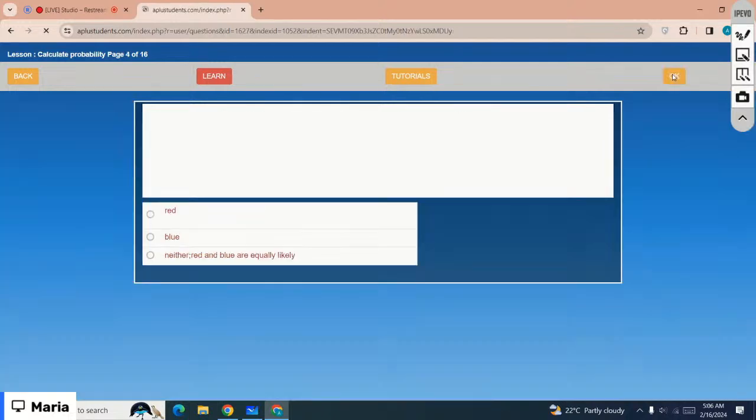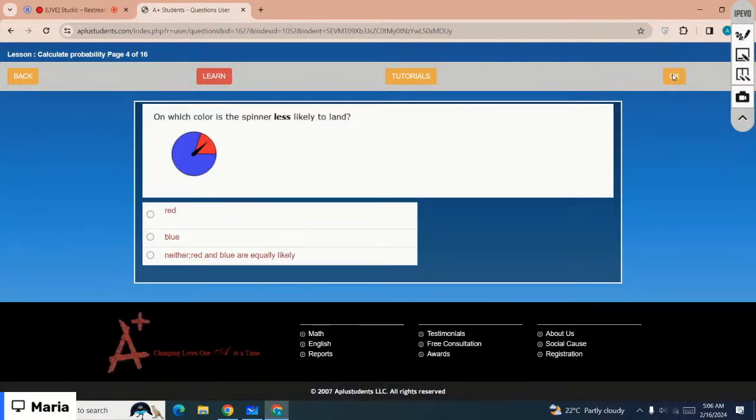Got it? Okay, the next one is: on which color is the spinner less likely to land? Red, blue. Which is the correct option?